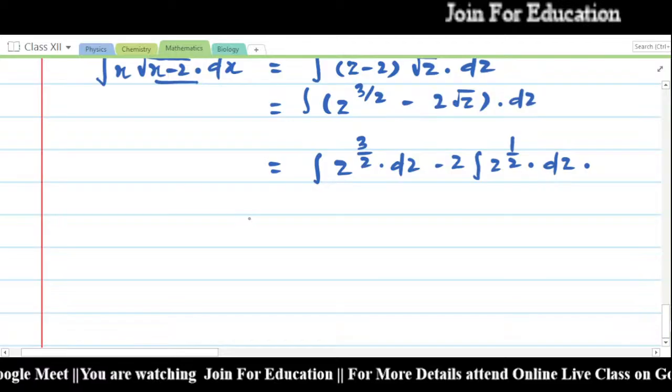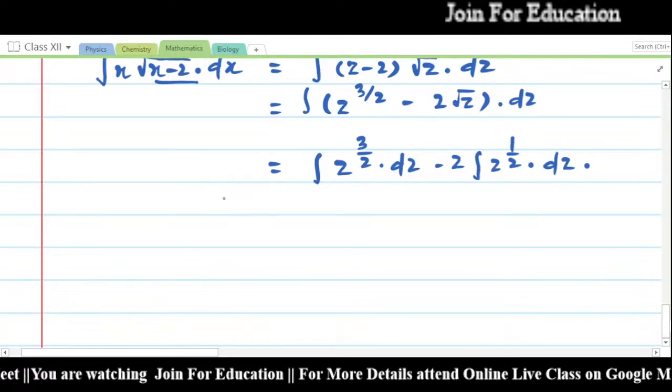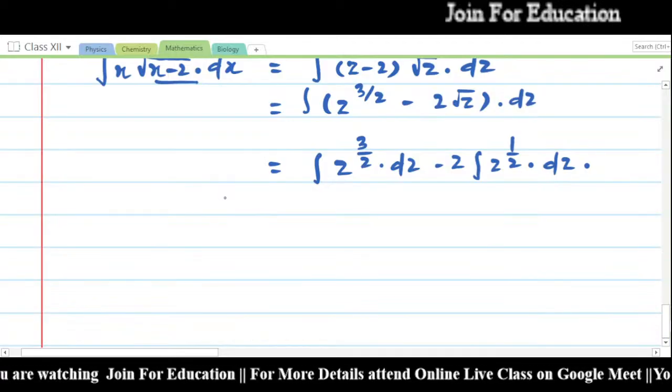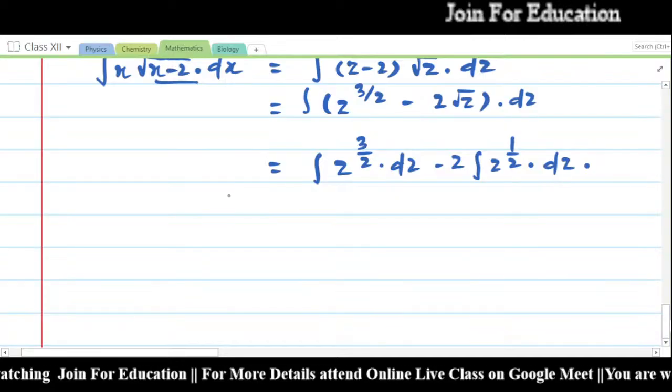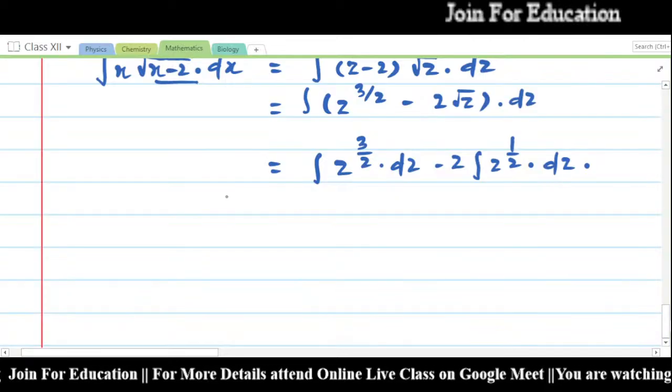Now we recall the formula: integration of x to the power n into dx equals x to the power n plus 1 by n plus 1 plus c.